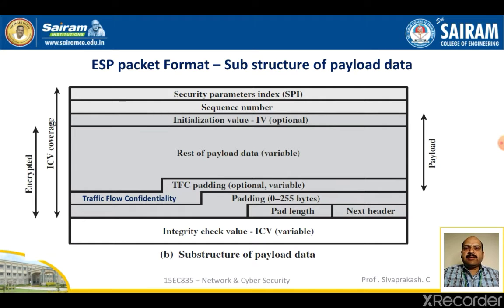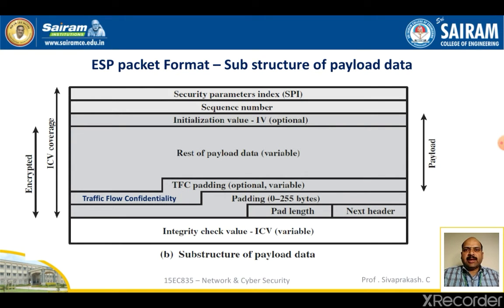The initialization value is present if it is required by the encryption or authenticated encryption algorithm used for ESP. If tunnel mode is being used, then the IPsec implementation may add traffic flow confidentiality padding after the payload data and before the padding field, as examined subsequently.